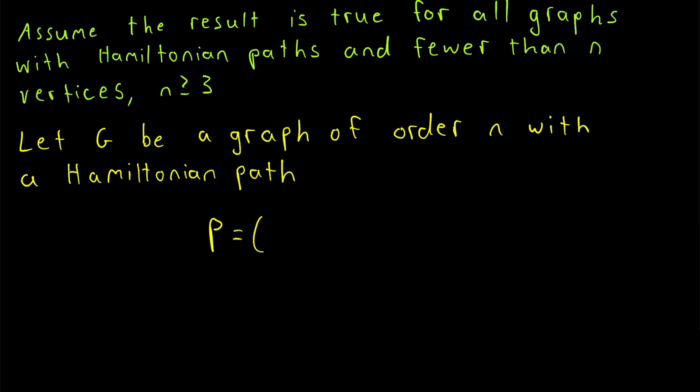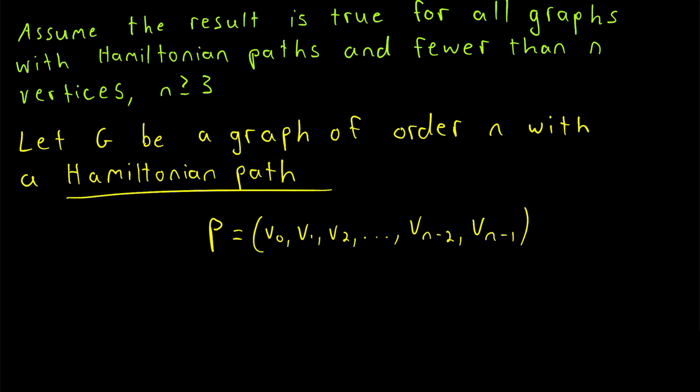Remember that these are all the n vertices of G. We'll call them V0, V1, V2, and so on, all the way up through the second to last vertex on the path, Vn-2, and then the last vertex on the path, Vn-1. Note that this is a total of n vertices. These are all n vertices of G, since P is a Hamiltonian path.